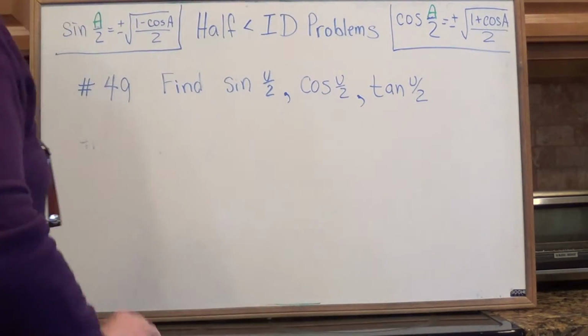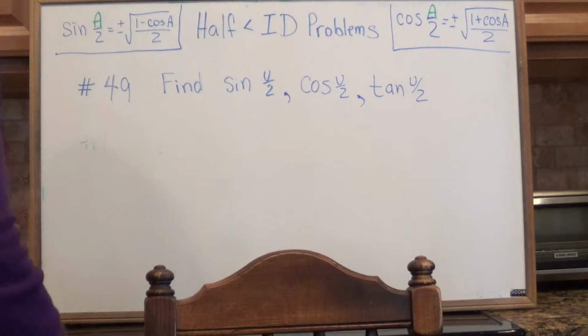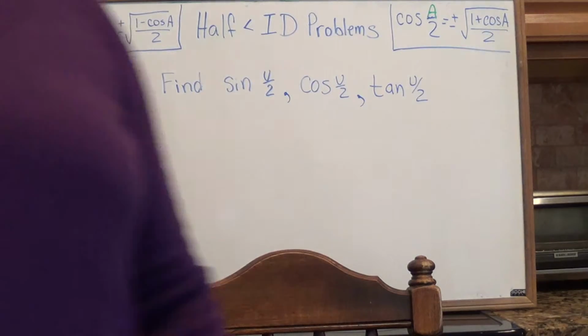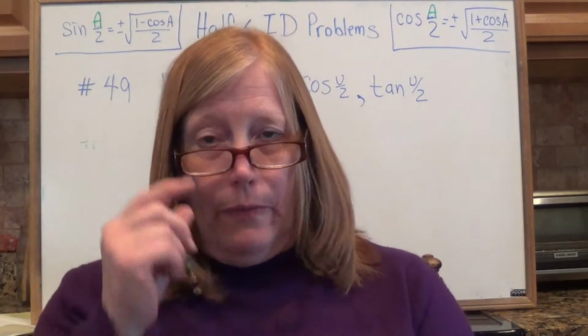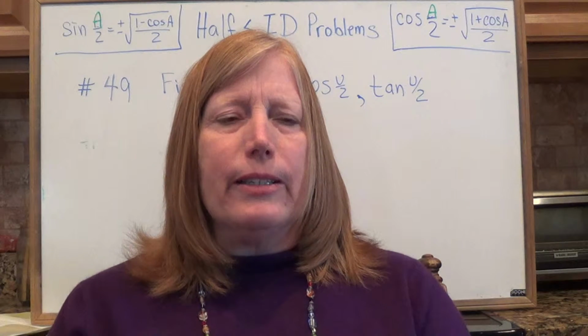All right, on the rest of this video, I'm going to explain my plan. I'm going to do number 49, and that is one that no one has gotten to yet on the assignment.